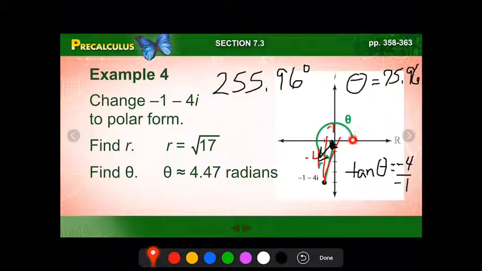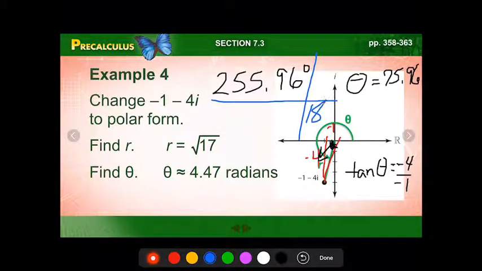So literally that is what this angle here, theta, plus the 180 will give you, 255.96. So you may still be asking the question, where do they get the 4.47 from? Well, it's as easy as converting this number into radians.